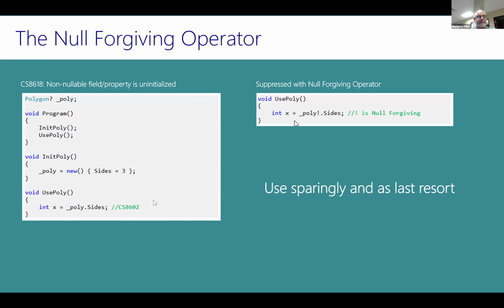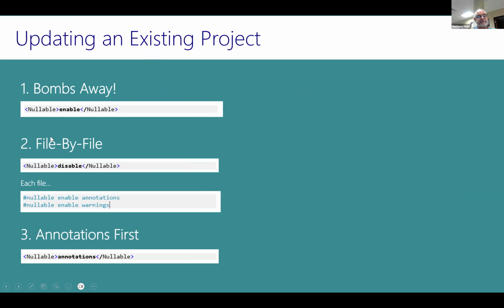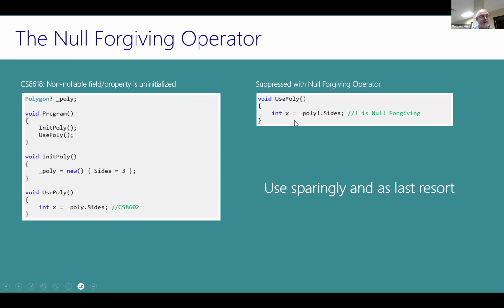So here's an example. I have some class, I've got my program, and I've got this polygon variable here, which is nullable. When my program runs, it does init poly and then use poly. Sorry, init poly instantiates the polygon, and use poly does something with the polygon.